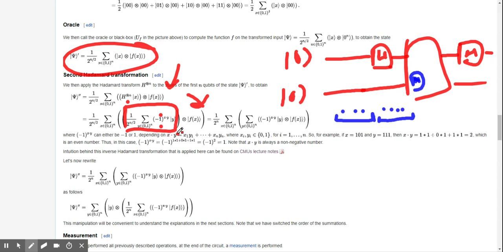Which essentially they rewrite like this, but it's kind of weird.